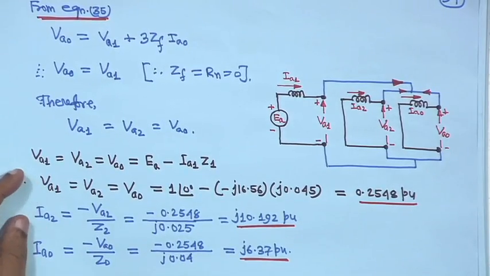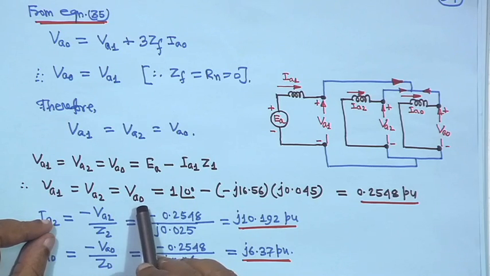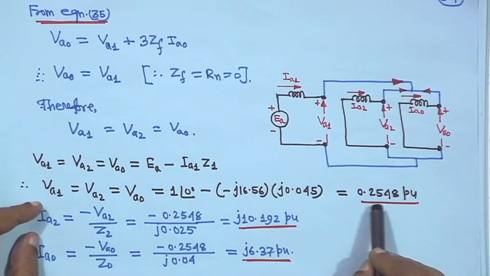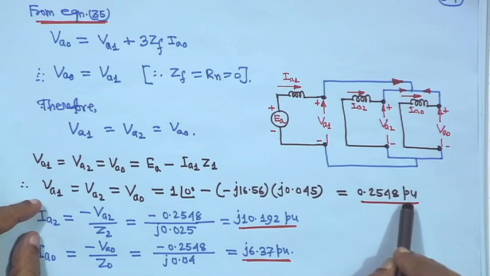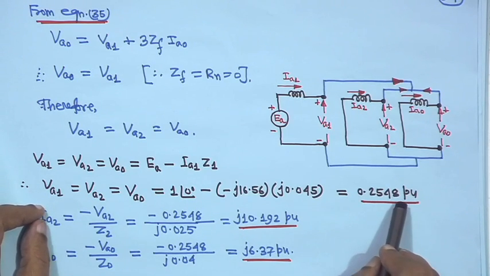So, that means your V A 1 is equal to V A 0, V A 2 is equal to V A 0, all are the same, that is 0.2548 per unit. So, this is your voltage V A 1, V A 2, V A 0.